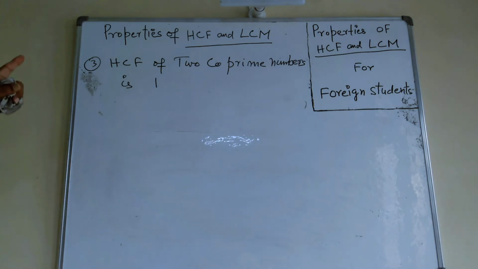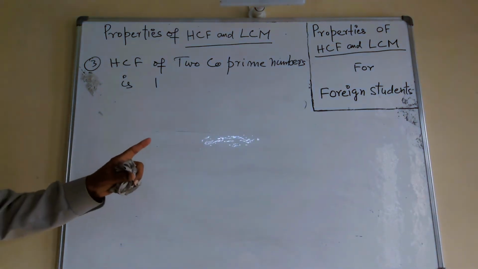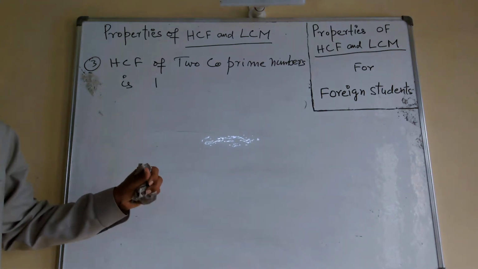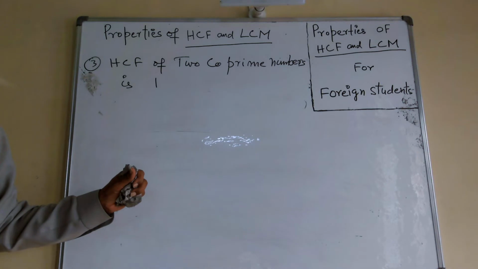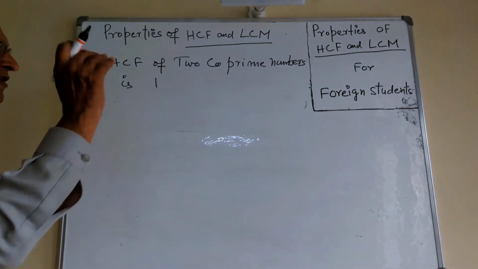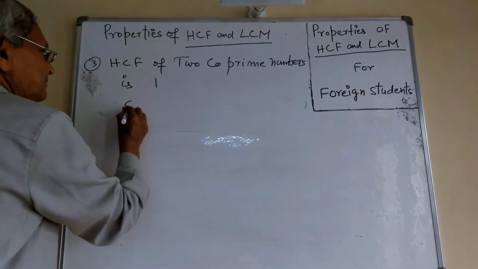Dear students, note, co-prime numbers are numbers in which there is no common factor except one. Example.